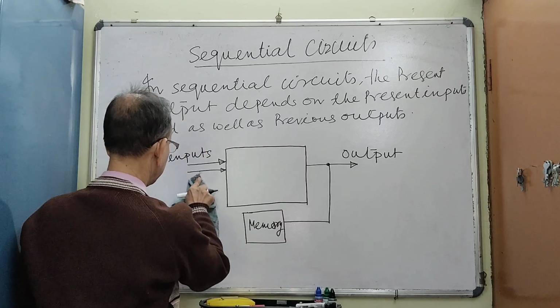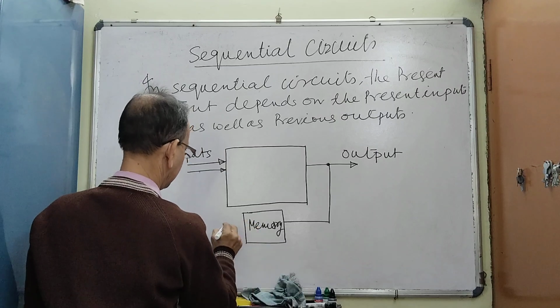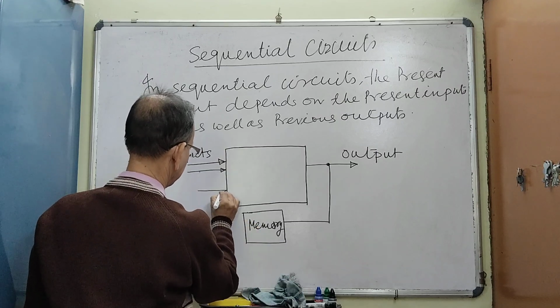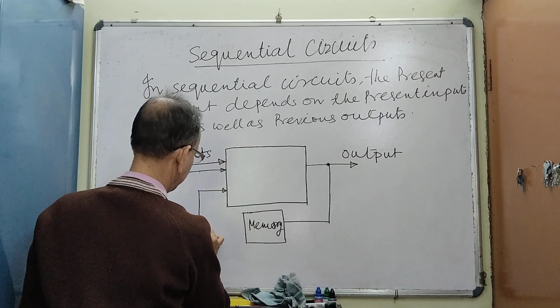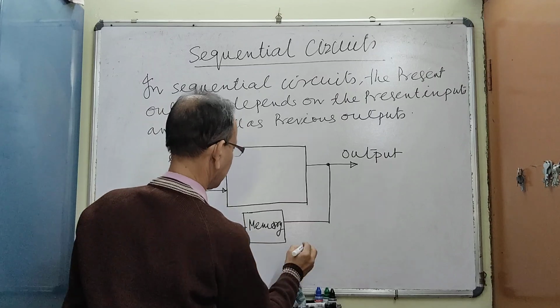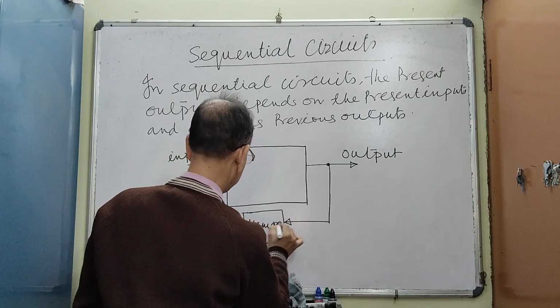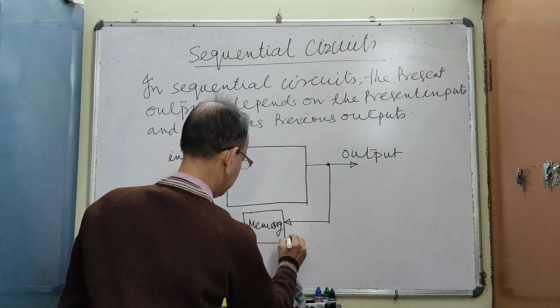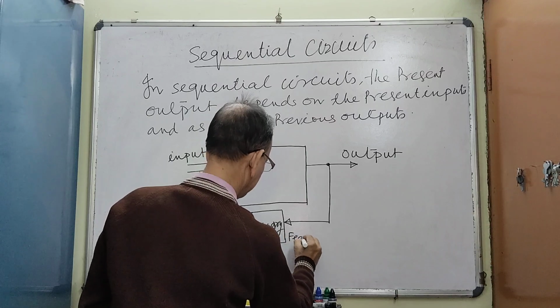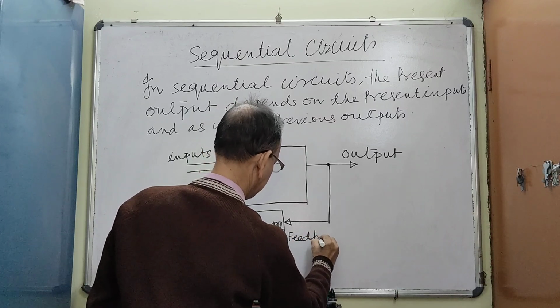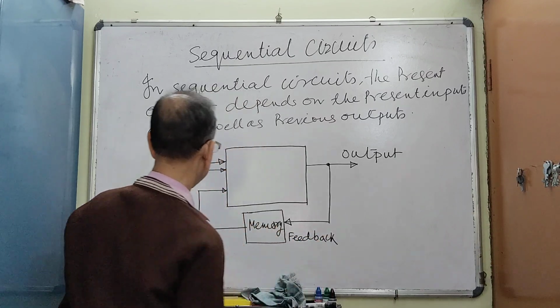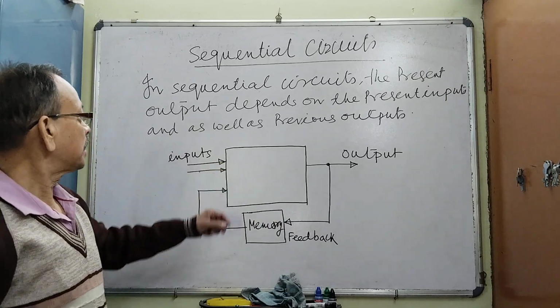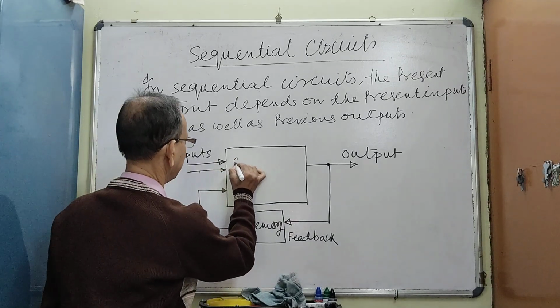I write another line. So this is the feedback from here to here. Okay, so this is the sequential circuit.